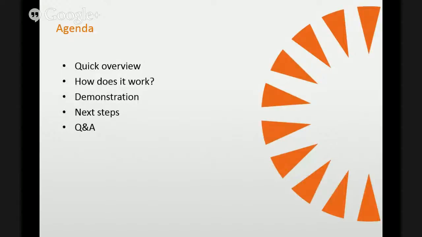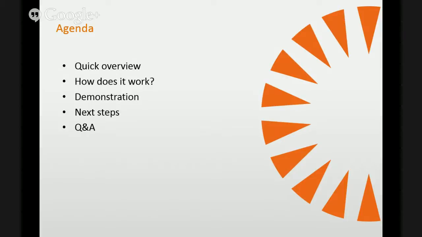So if we just have a quick look at the agenda for today, I'm going to start off by just talking briefly over the main features of MailStore, and then we're going to focus in on how it works specifically in an Exchange environment. But as we go a bit further into the demonstration, you'll hopefully see that a lot of what I'm going to talk about today is totally relevant for different mail platforms, hosted Exchange platforms, different IMAP servers, even if you use an RMD mail server platform.